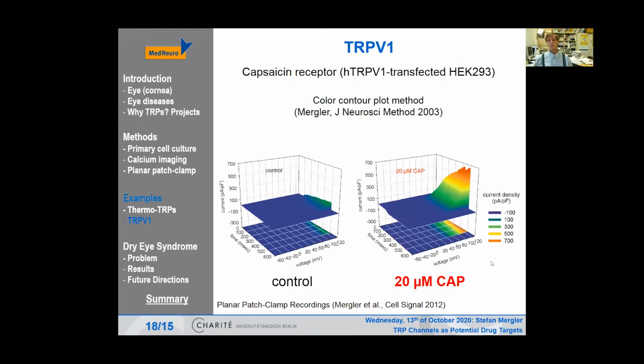I only want to show you that there's another possibility to have a better view on the activity, on the pattern. It's helpful for more detailed investigation of the channel.